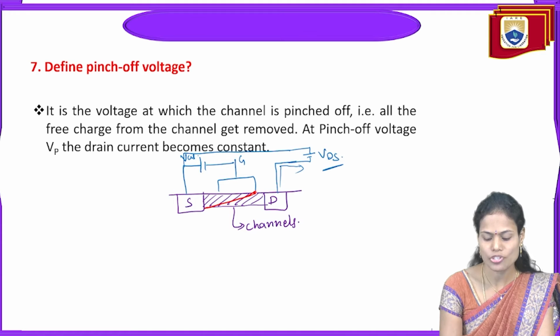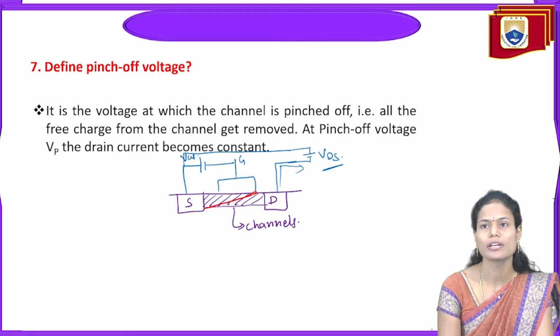So it is pinched off here. The channel is pinched off here. That is nothing but all the free charge from the channel gets removed. All the charge carriers are removed from the channel here. Okay. So at pinch off voltage, the drain current becomes constant.